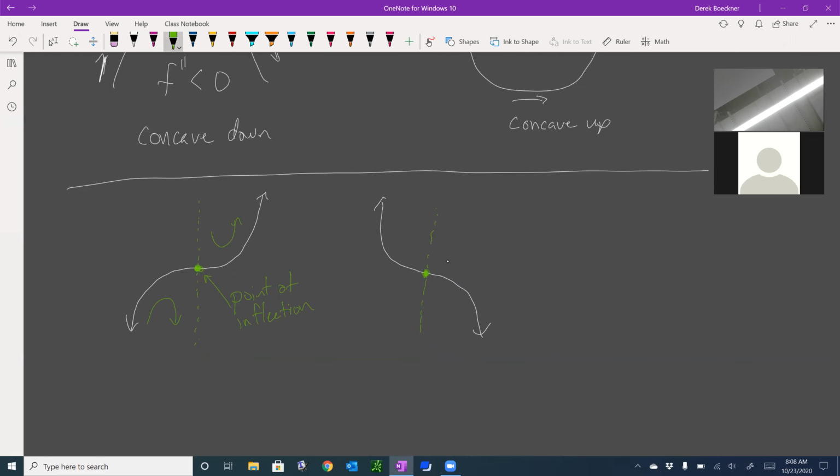Here, it goes the other way. This is concave up, this is concave down. At the point where it switches from up to down, we have a point of inflection. These are where f double prime switches from greater than 0 to less than 0, or vice versa.